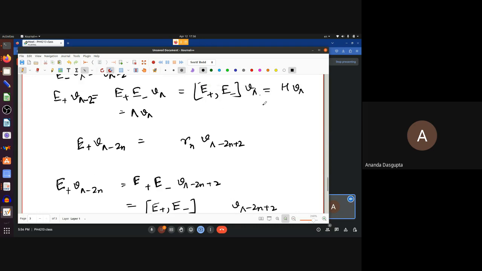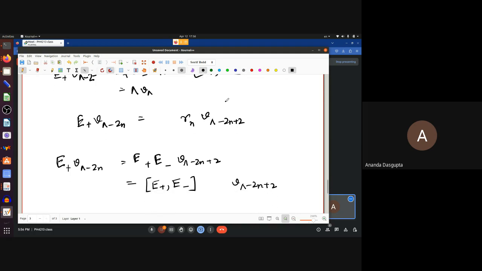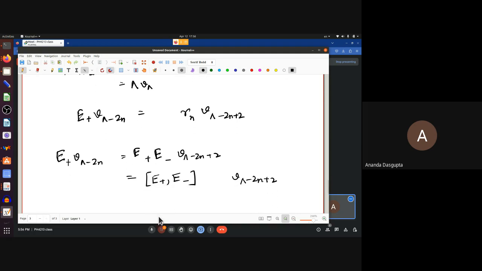This worked here. Will it work here? Yes, it should. Really? So how come E plus E minus and the commutator give you the same result? The second term is E minus E plus. So E plus takes it to v lambda minus 2n, and E minus on the state v lambda minus 2n is 0. Really? This small n is not capital N, by the way. Oh, sorry, I was mistaking it with capital N.